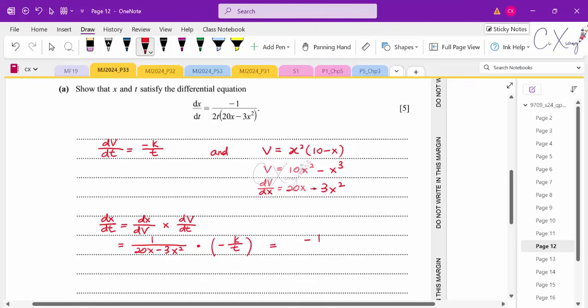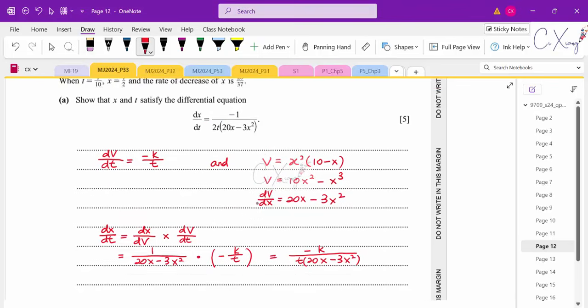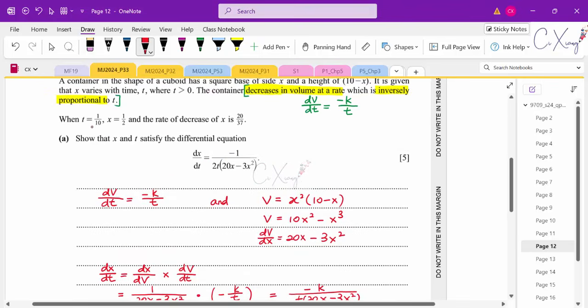I'm having negative k, and then I'm having t at the bottom, then 20x minus 3x squared. Alright, if you try to observe this equation again, there's no k in the final equation. So I have to find the value for k. How can I find the k? I have to use the initial values given in the question. So there are important values given in the question here.